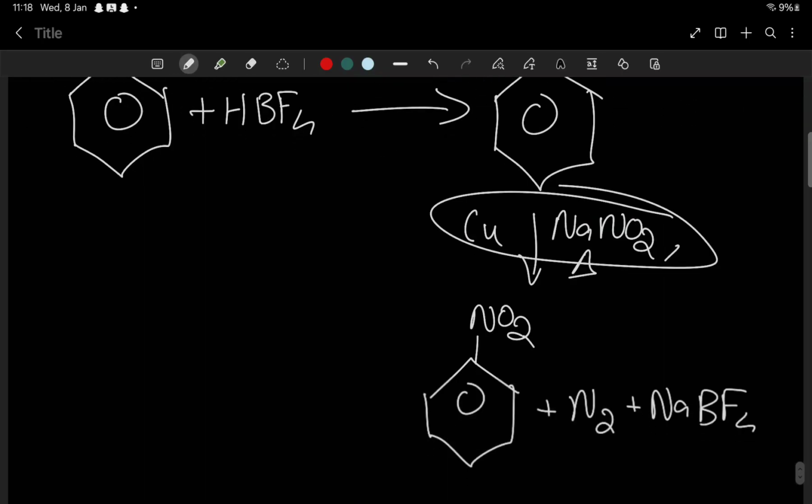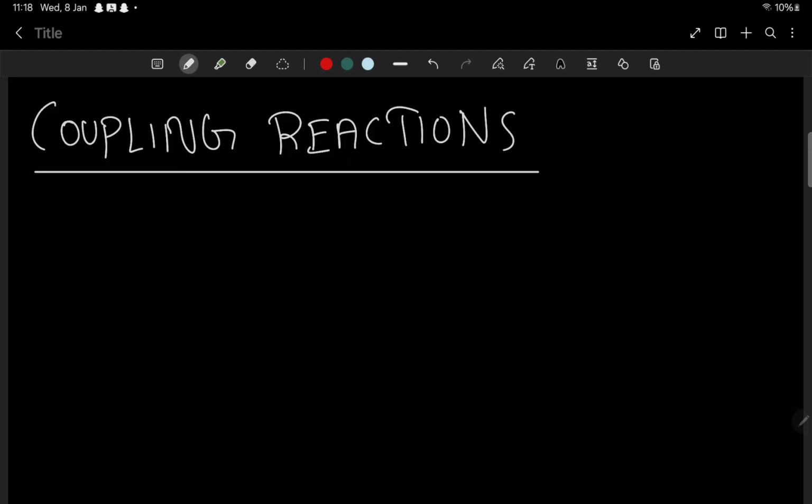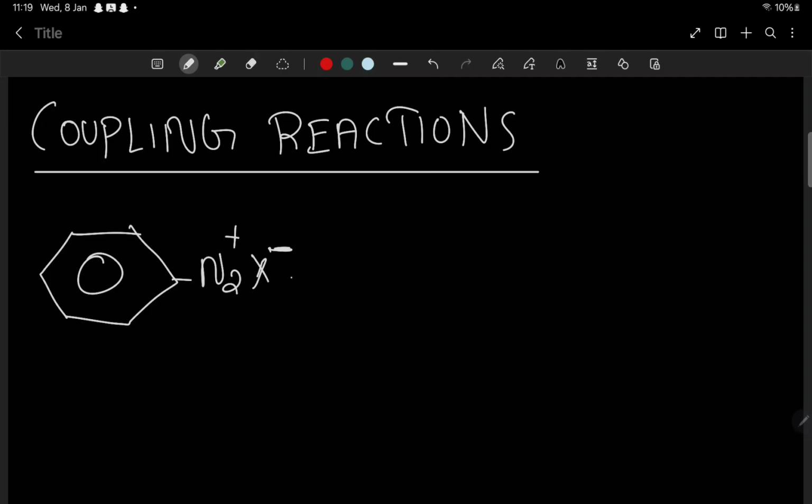But now I am telling about some important reactions, that is coupling reactions. How to do coupling reactions? It's very simple. If they ask any coupling reaction, take the diazonium salt, that is N2 plus X minus. If they are giving phenol, take phenol and put the para position facing the N2X.